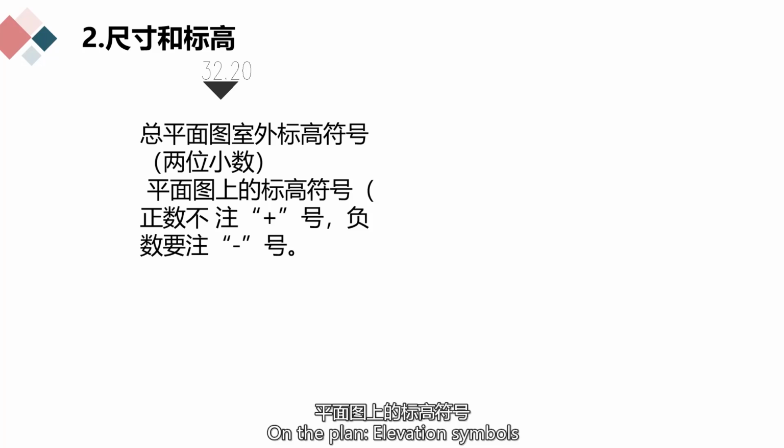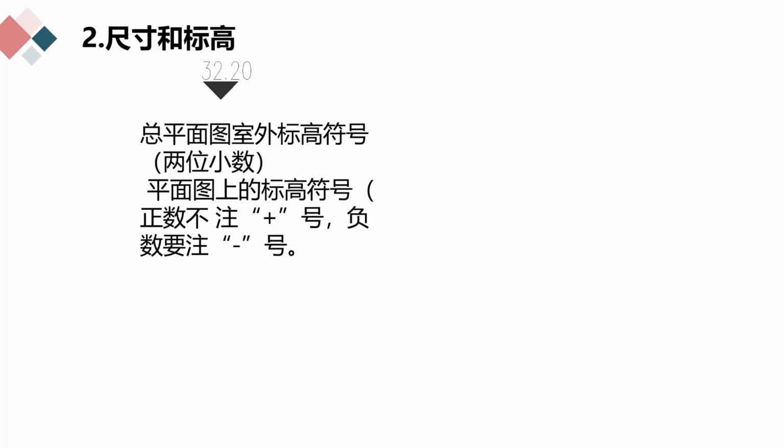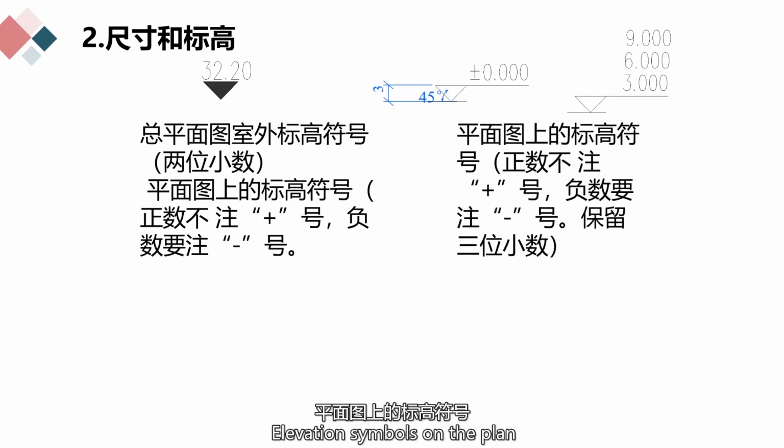On the plan, elevation symbols: for positive numbers, the plus sign is not noted; for negative numbers, the minus sign must be noted. Elevation symbols on the plan: for positive numbers, the plus sign is not noted; for negative numbers, the minus sign must be noted.